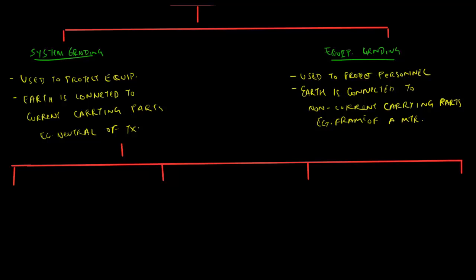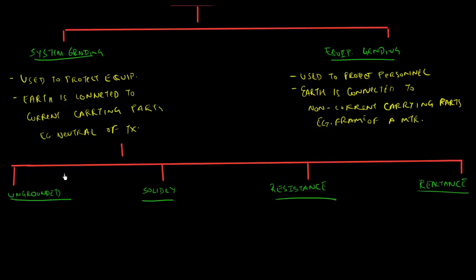You have your ungrounded systems, you have your solidly grounded systems, you have resistance grounded systems, and you have reactance grounded systems. These are the four primary schemes used for system grounding.